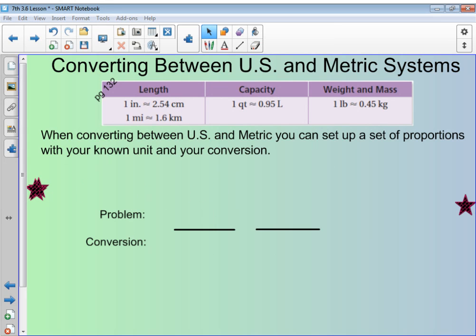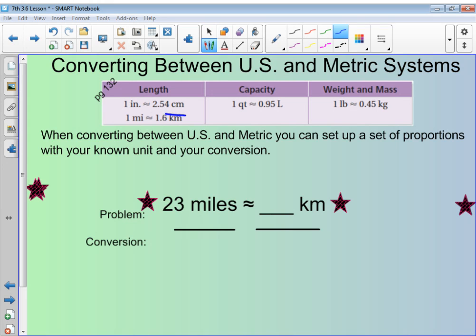All right, so I want you to try this one. So we've got 23 miles is about how many kilometers? Okay, so your conversion is right up here. You can use the conversion out of the back of your book also. So 1 mile is 1.6 kilometers. So go ahead and convert that.